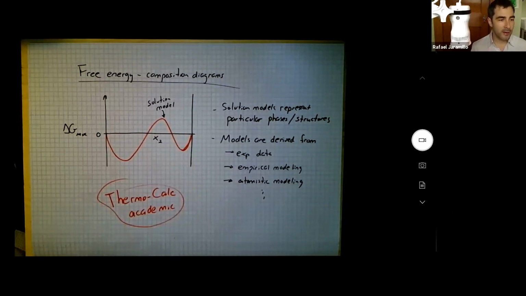So do the Callister reading. It's pretty straightforward. There's also an accompanying lightboard video on binary phase diagrams and tie lines and the lever rule. So I encourage you to watch that. You'll find that same content in DeHoff and the same content in Callister, but it's a little more colorful in the video.